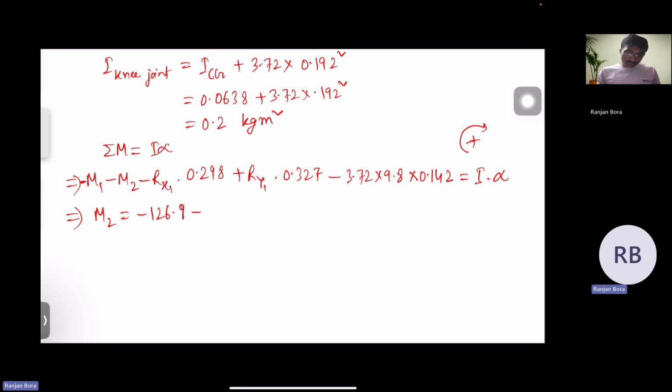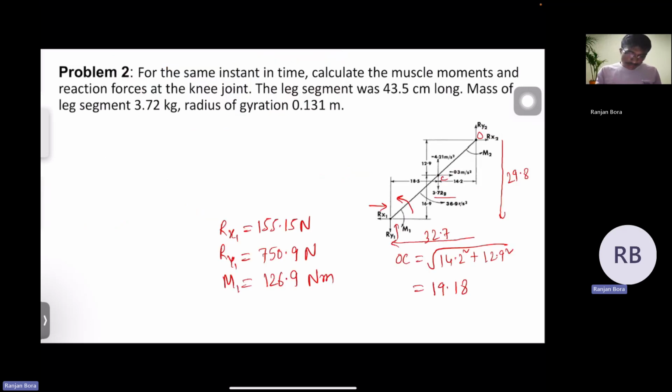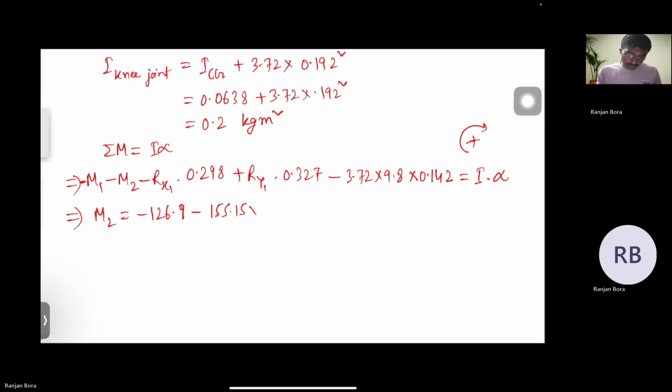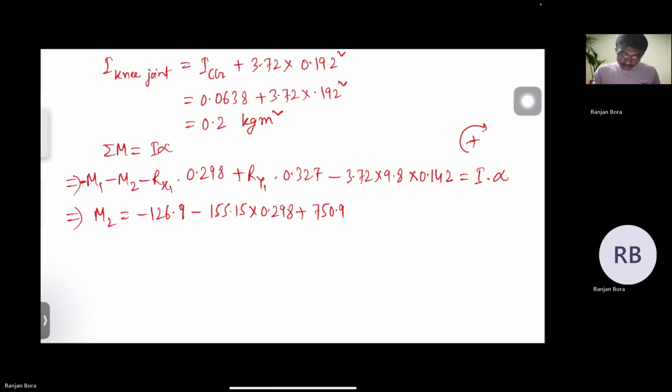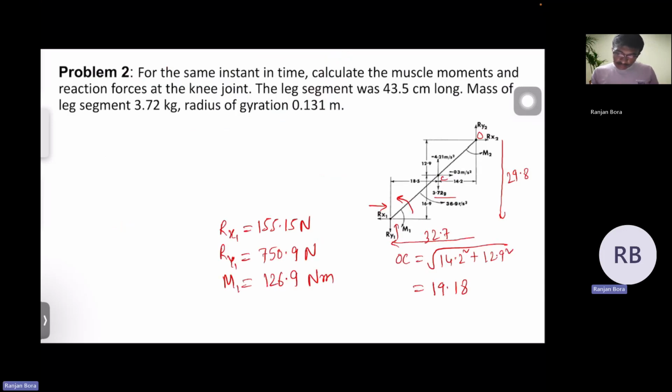And minus Rx1 is 155.15 into 0.298 plus Ry1 is 750.9, 0.327 minus 3.72 into 9.8, 0.142 minus I alpha.